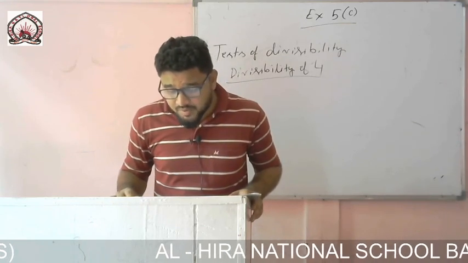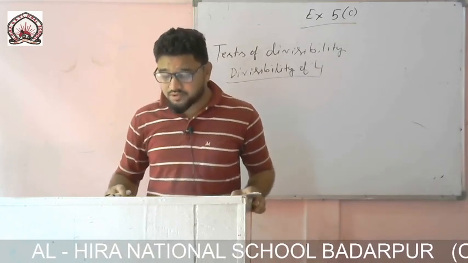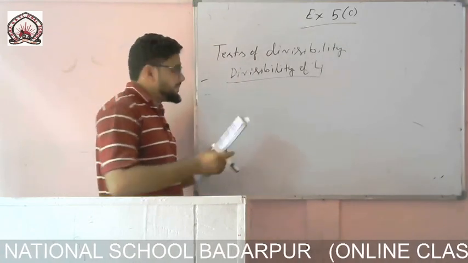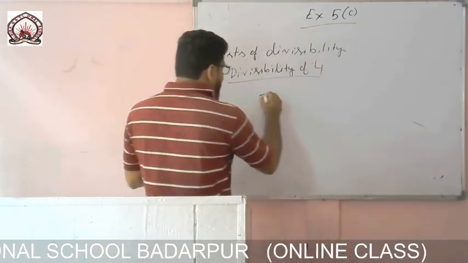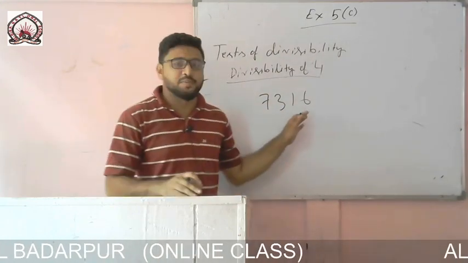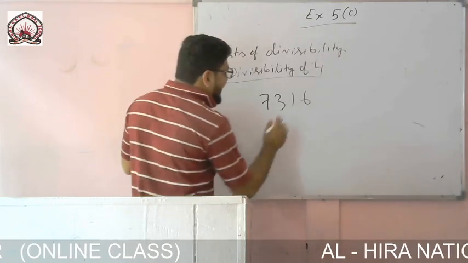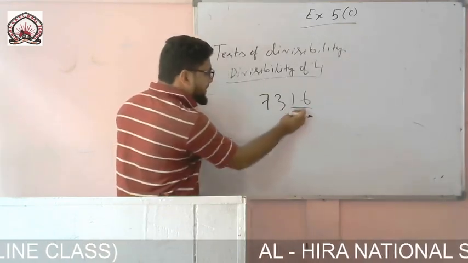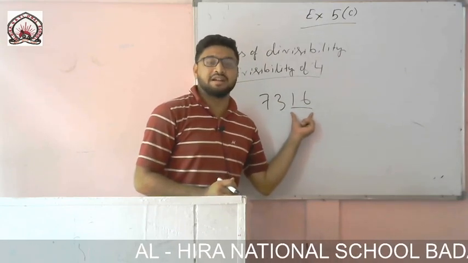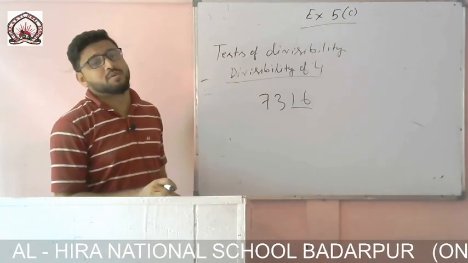A number is divisible by 4 if the number formed by its last 2 digits is divisible by 4. Suppose 7316. How to check that this number is divisible by 4 without dividing? You have to go to the last 2 digits, that is the ones place and the tens place. If this 2-digit number is divisible by 4, then the whole number is divisible by 4.